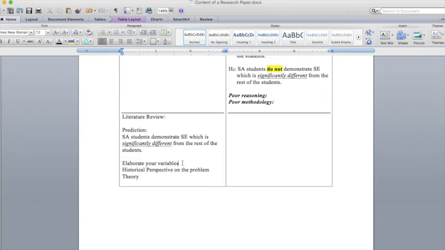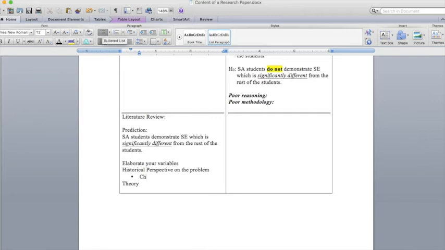Who has documented this problem of lack of leadership skills in South Asians? Who has first documented it? So you have to explain the entire problem chronologically, like how it happened, how it progressed, and all that, right? So that is what you need to explain.